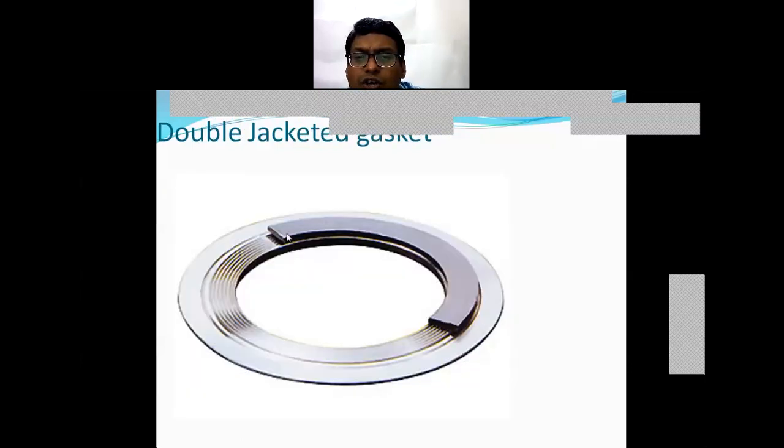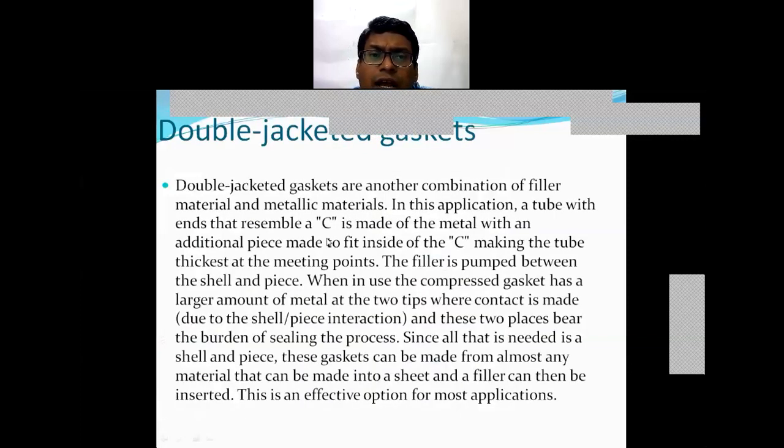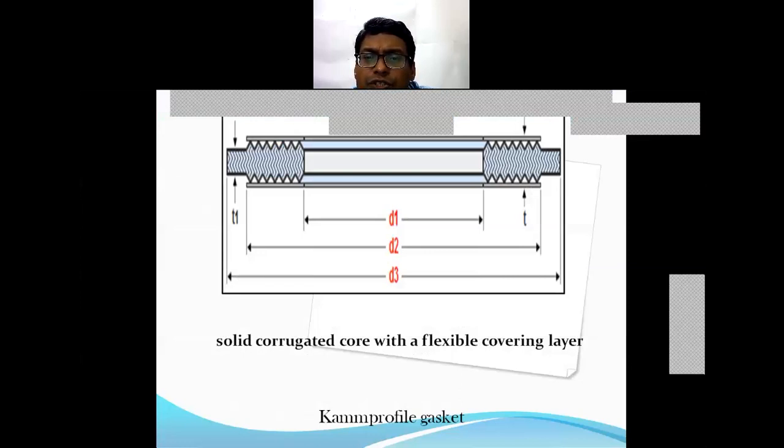This is your shell which you can cover from up and from the bottom part, and in between this filler material is filled, and that is why it is called the double jacketed gasket, the jacket that has been made in this.